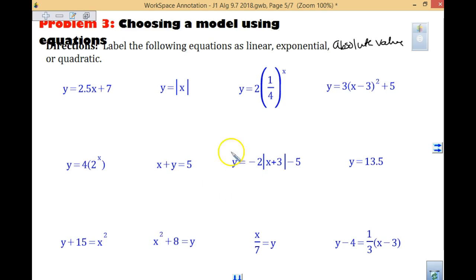I can go through, right? I got absolute value. What's the key thing that distinguishes linear? Variable to what power? Variable to the first. So I got a linear, right? I got a linear, right?